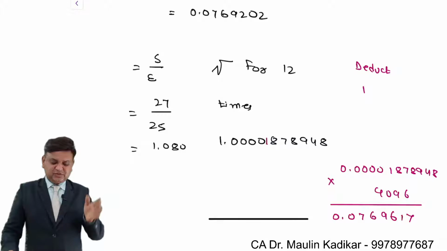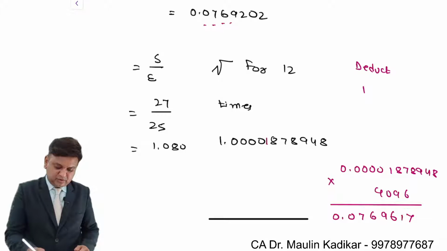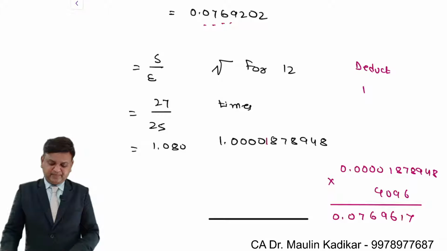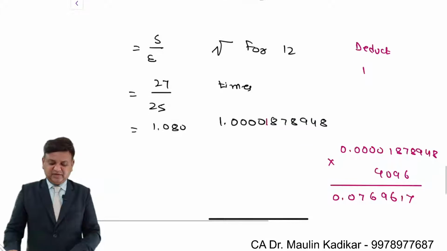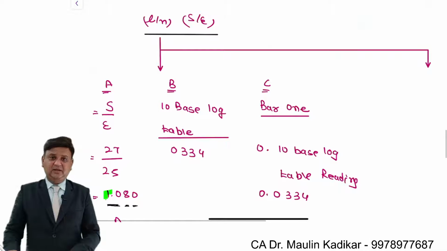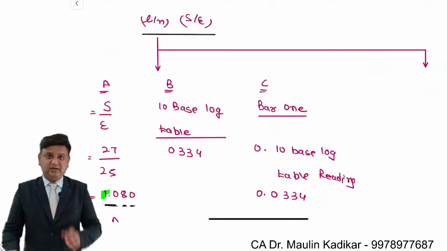There is a difference of 0.00004. Over here it is 2 and over there it is 6. Of course that much difference is definitely acceptable. So this is the way we are required to compute ln S divided by E. In the examination, you can process the answer with either method.